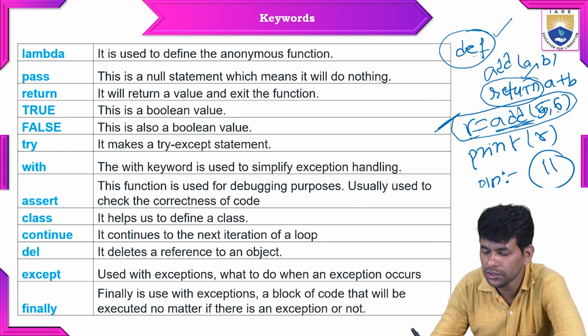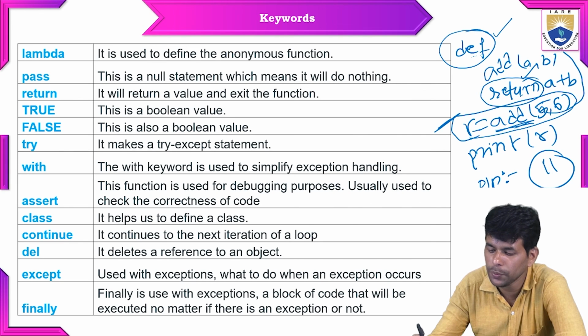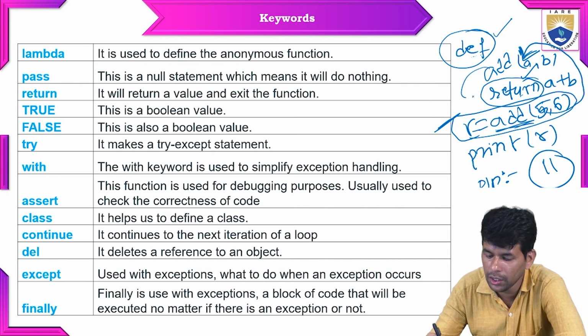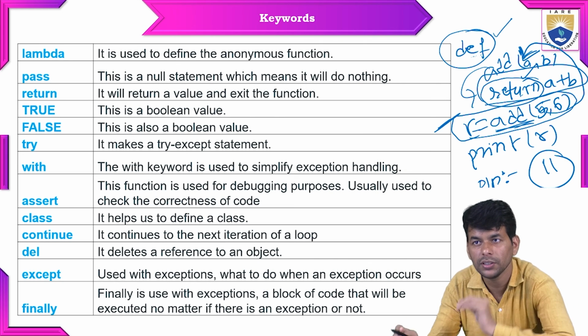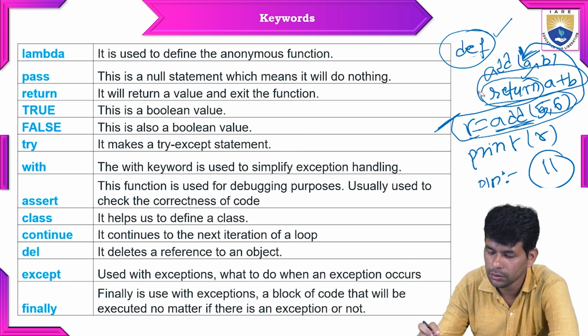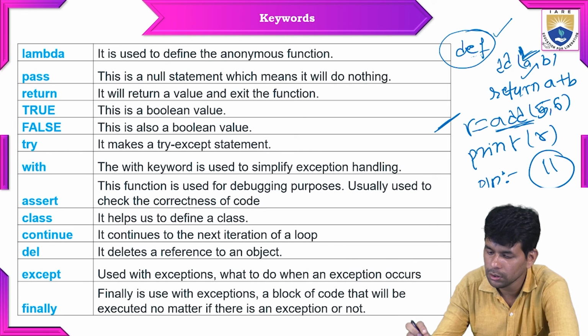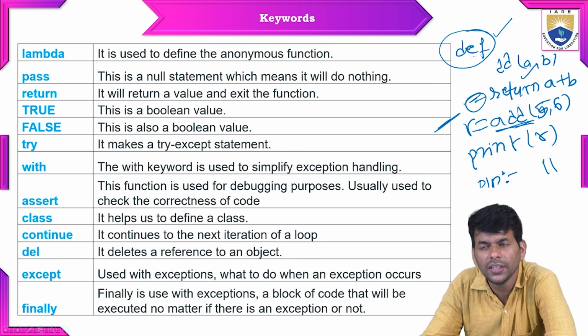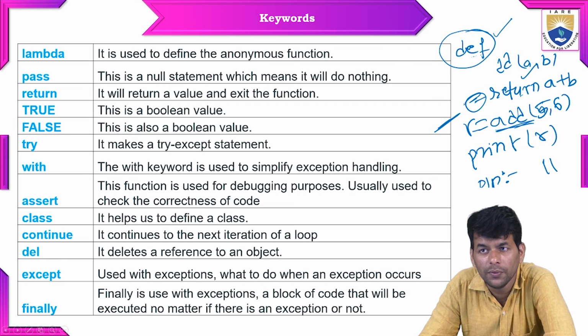These two values are passed to this add function. Now it will return the value. So here the value is returned by the function. Is that clear? When the value is returned from the function, what do I have to do?